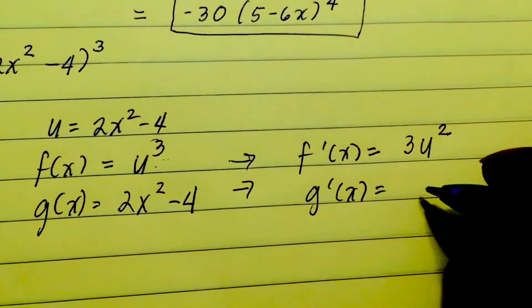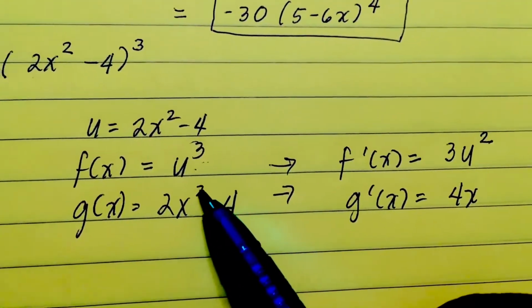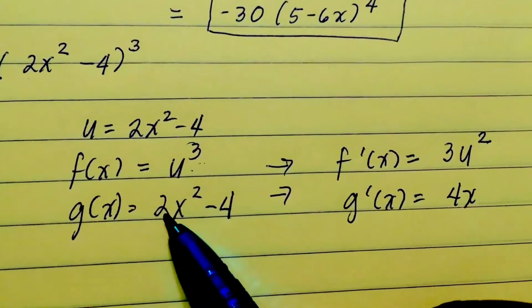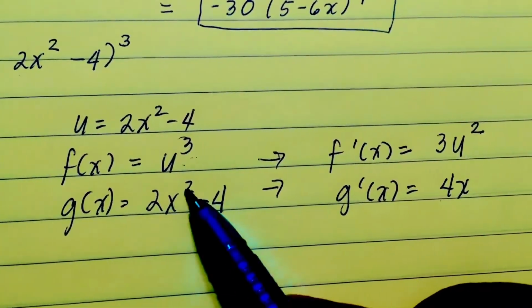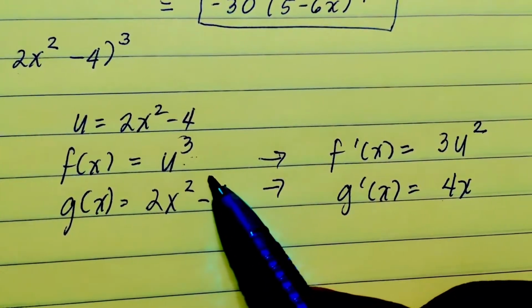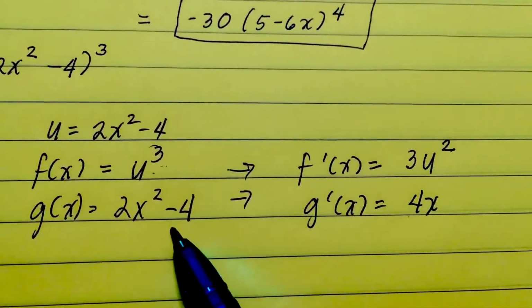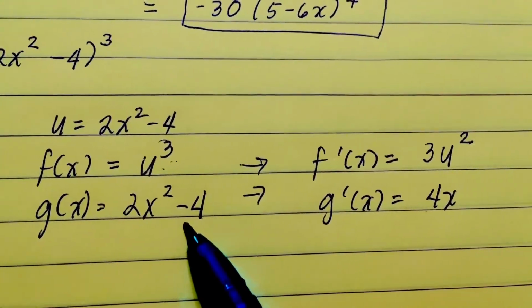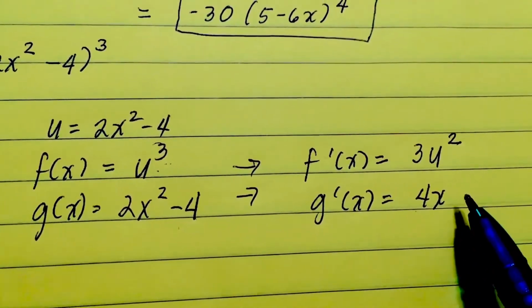So we have 4x only. Why? So 2 is your constant here. 2 times 2 is 4. Then x will be 2, your power of x is 2 minus 1 is 1, so no need to write 1 here. And this one is constant, that means 0. So 4x minus 0 is still 4x.